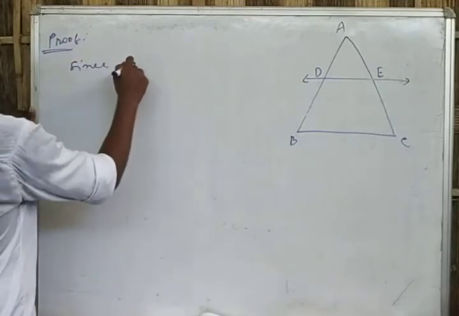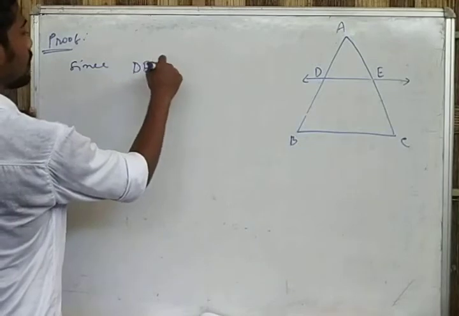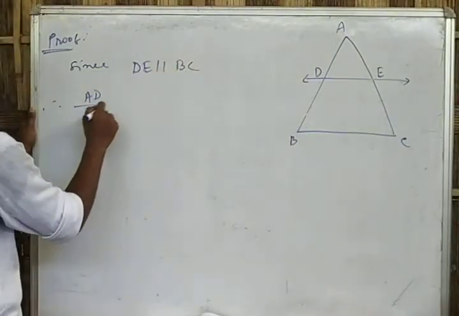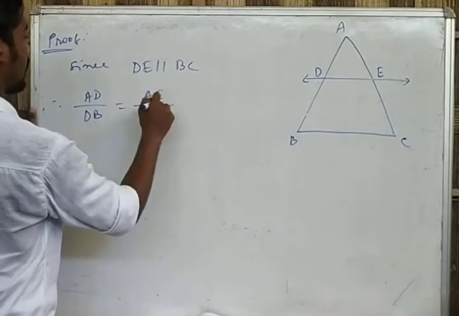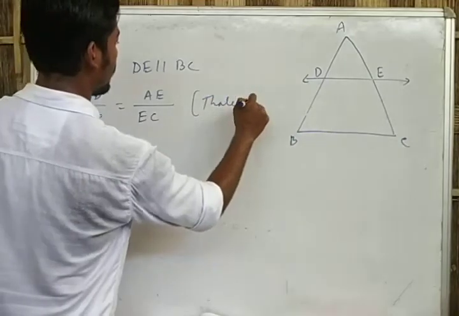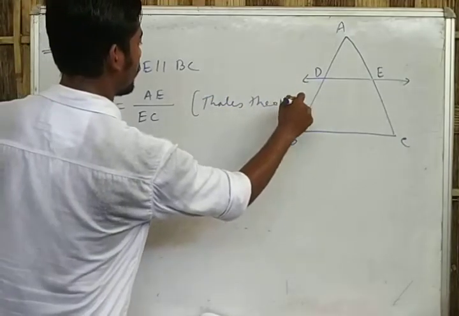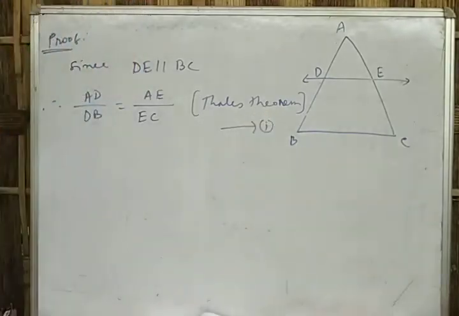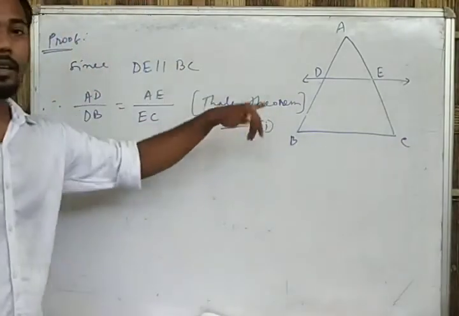Since DE is parallel to BC, therefore AD by DB is equal to AE by EC, by the basic proportionality theorem. This is equation 1.